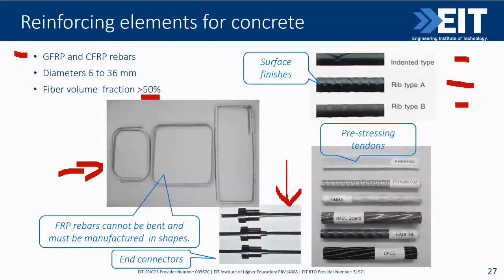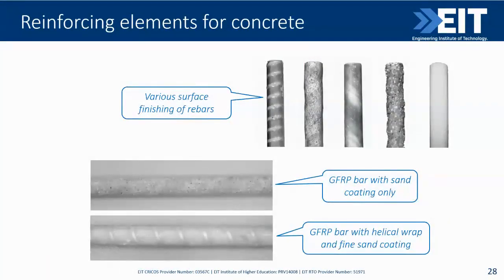And the adhesion strength between the concrete and FRP is lower than with steel. But that's a minor problem because we're using different rib profiles. There are also some methods which improve this connection, increasing the adhesion or improving the pull-out resistance.